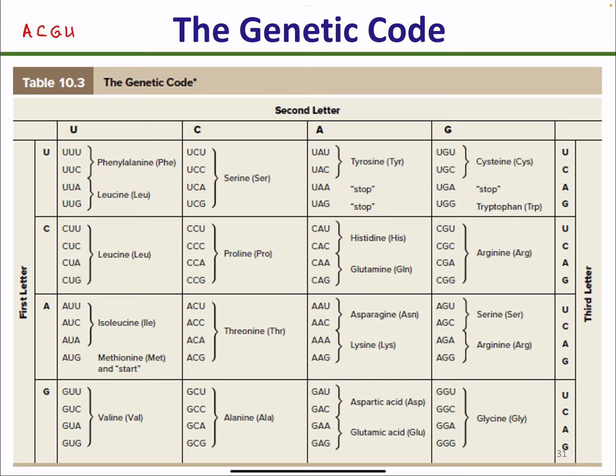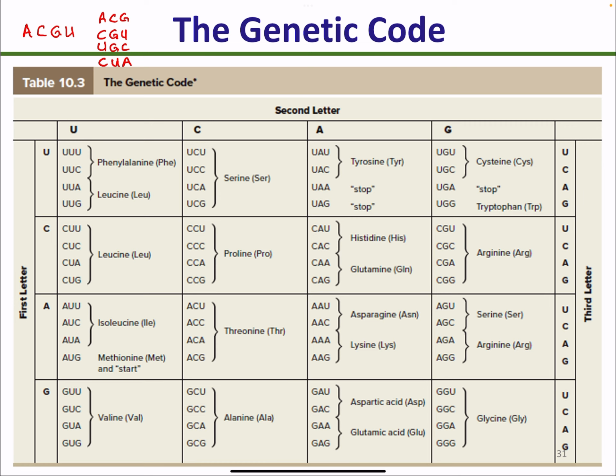Now, if the system is reading 3 nucleotides at a time, that means that we can have A, C, G. We can have C, G, U. We can have U, G, C, which is not the same as C, G, U. We can have C, U, A, and so on and so forth.